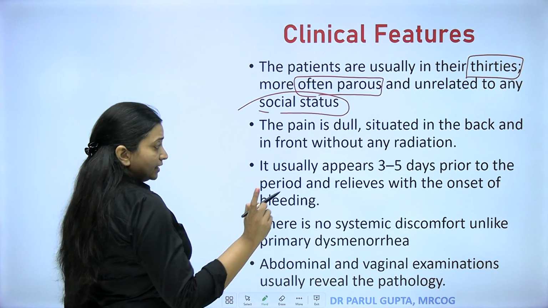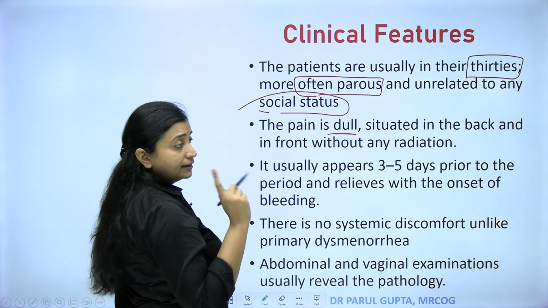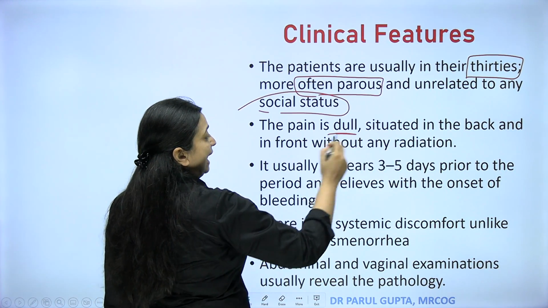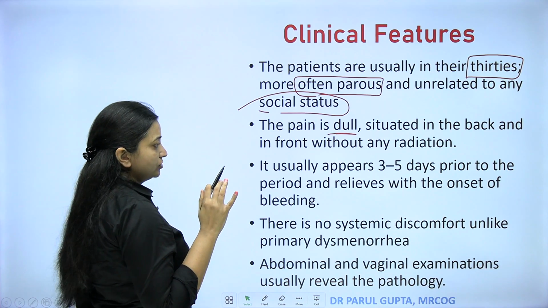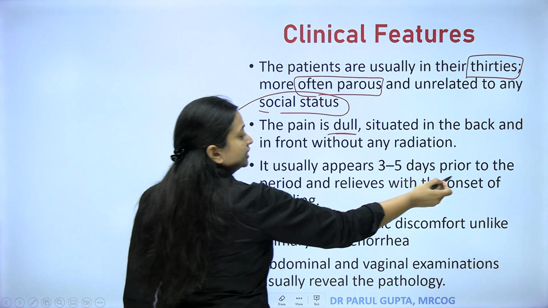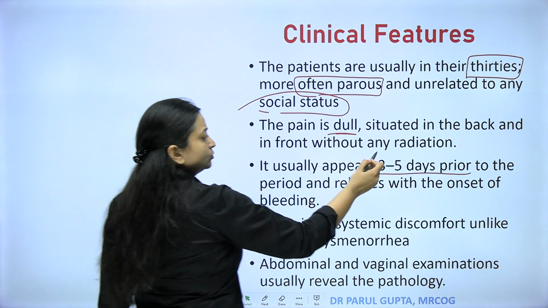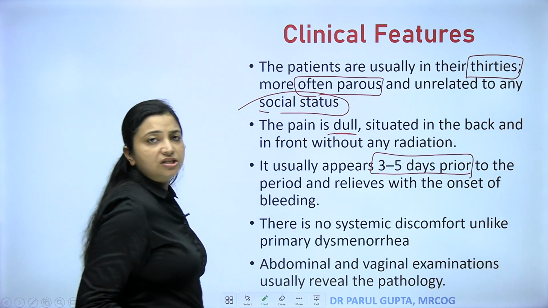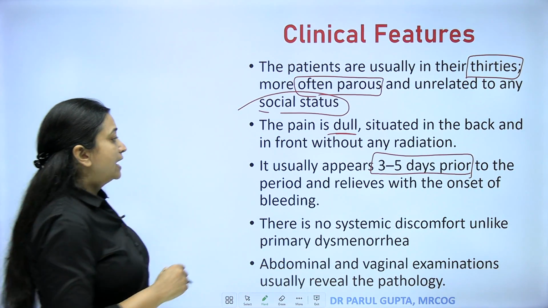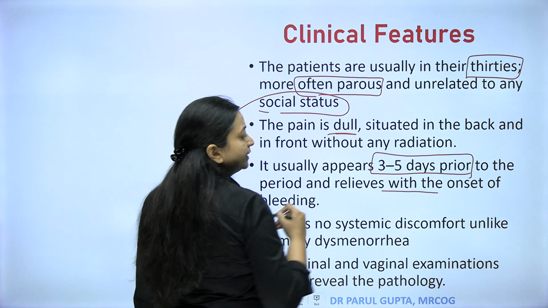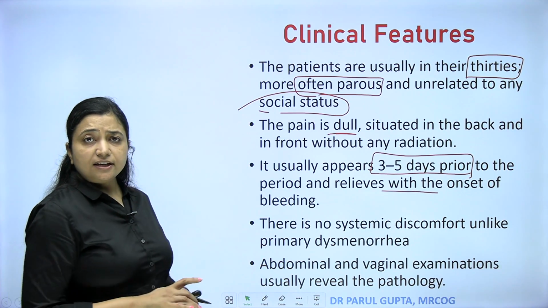The pain is dull, mind it, not spasmodic, dull, situated in the back and in front without any radiation. It usually appears 3 to 5 days prior to the period. That means when the congestion starts, the pain starts, and it is relieved with the onset of the bleeding. Once the bleeding starts, it stops.